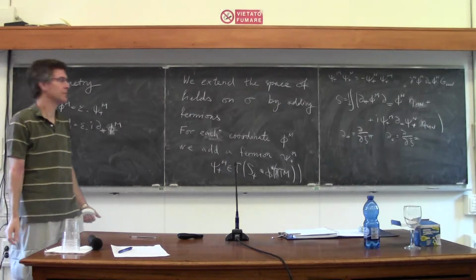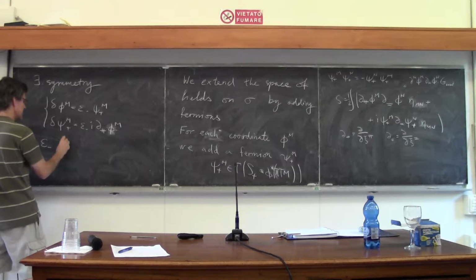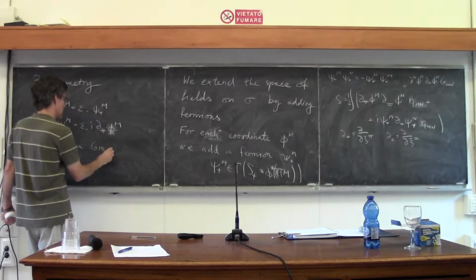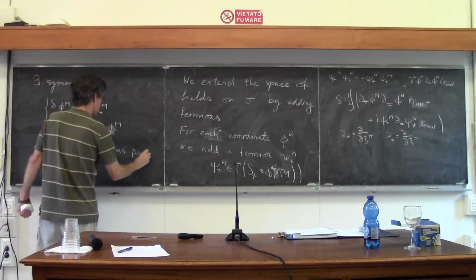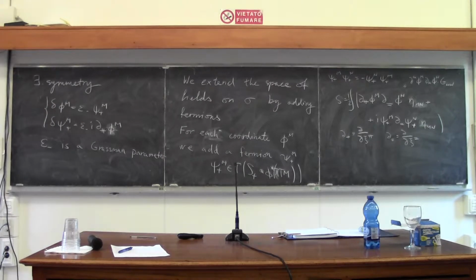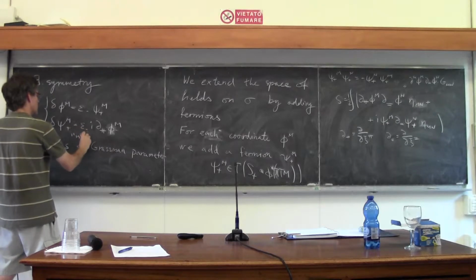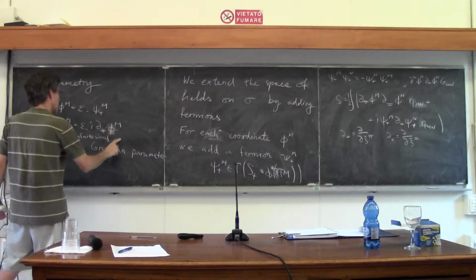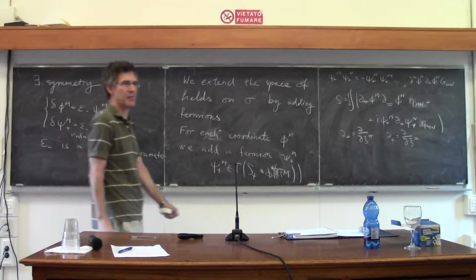What is epsilon minus? Yeah, sorry, good. Yeah, that's what I was going to say. So epsilon minus is the infinitesimal, in this case I did the quotation marks, parameter of the transformation.